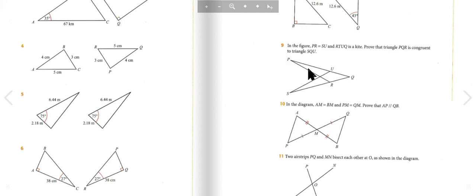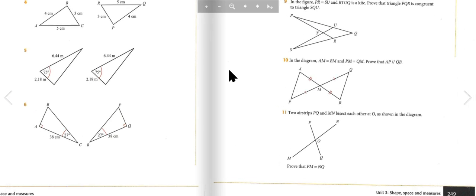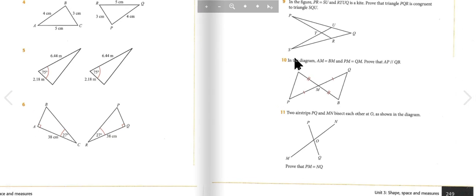angle, side. Question 10. In a diagram, AM equals BM and PM equals QM. Prove that AP equals QB. Well, here, these two angles are equal because they are vertically opposite angles.